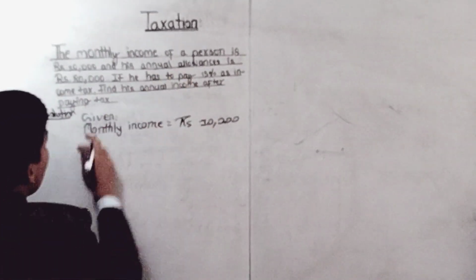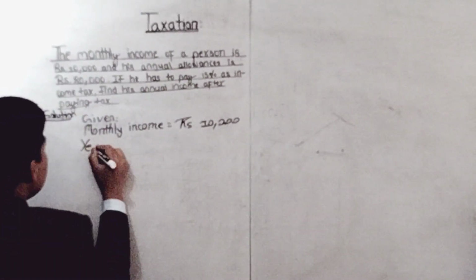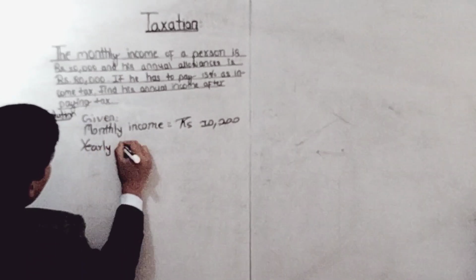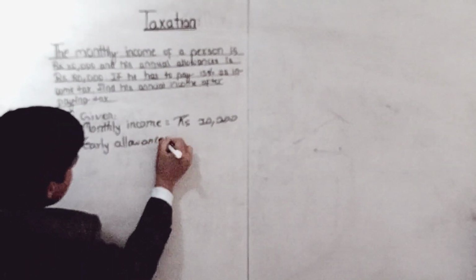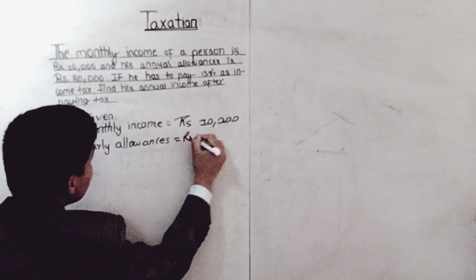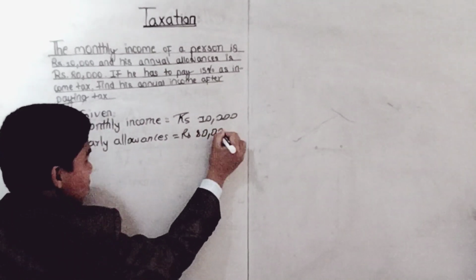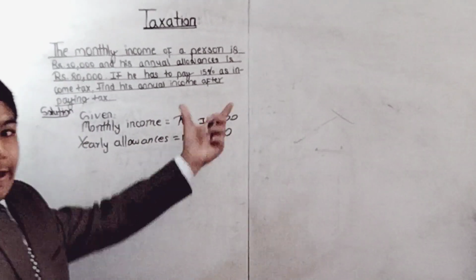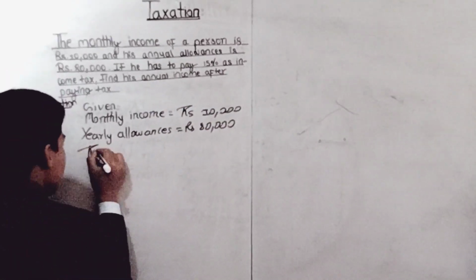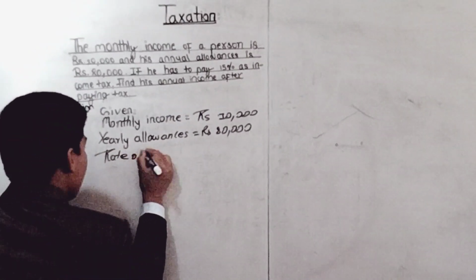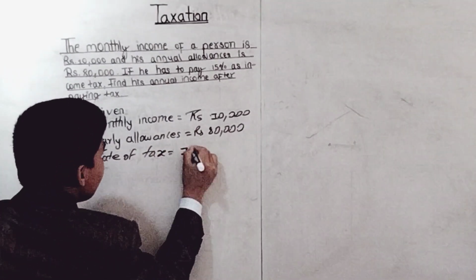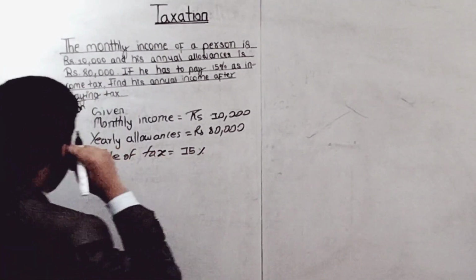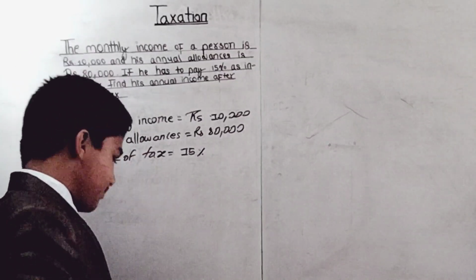After that, annual means yearly, so yearly allowance is equal to rupees 80,000. After that, the rate of tax is 15%, so rate of tax is equal to 15%. After that, nothing is given.